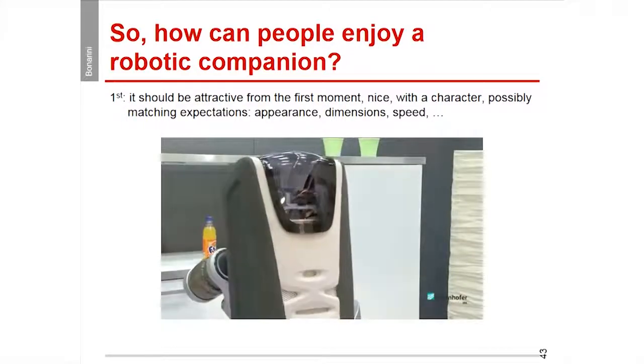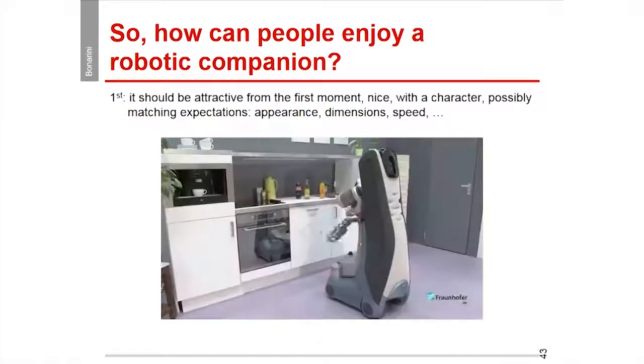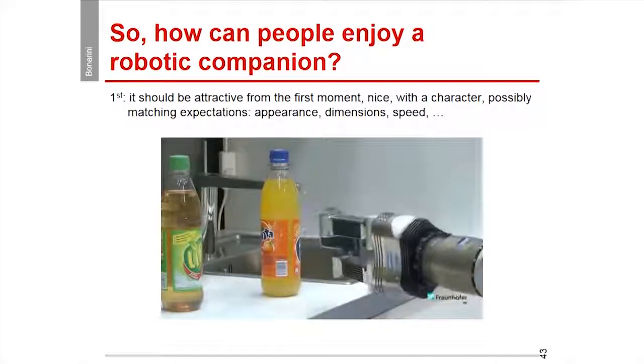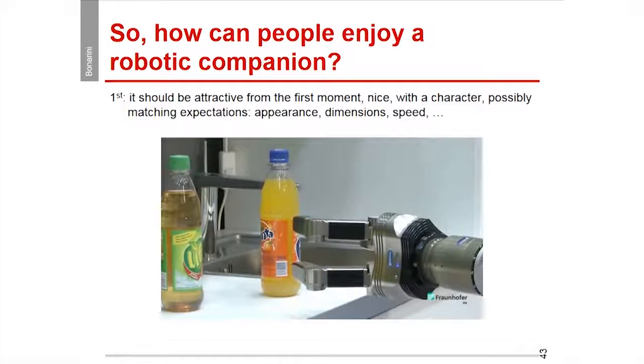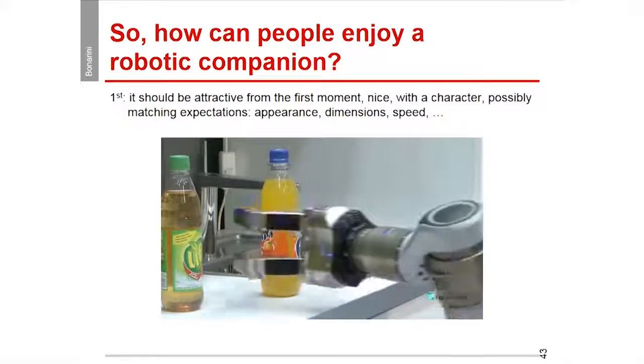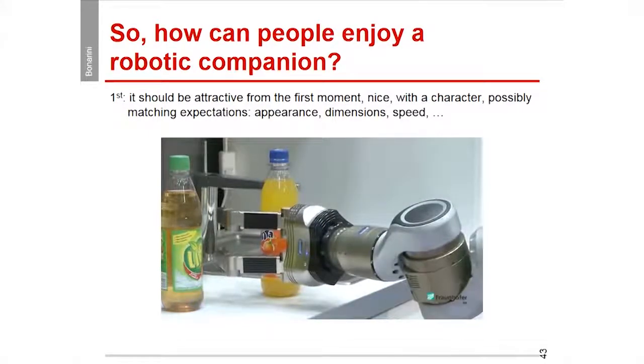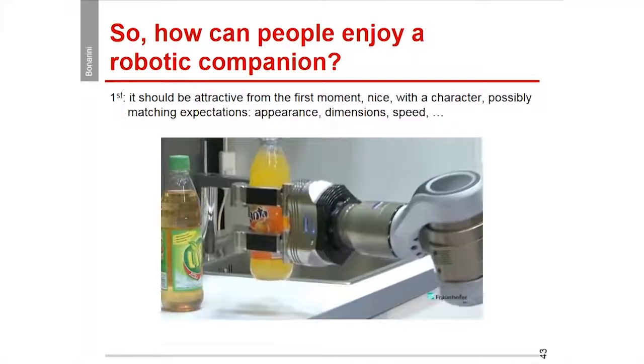You see that it's big enough. This arm is very heavy. The robot is doing something, of course, but it's very, very slow. It's something that is not really useful. And it costs something like 200,000 euros.